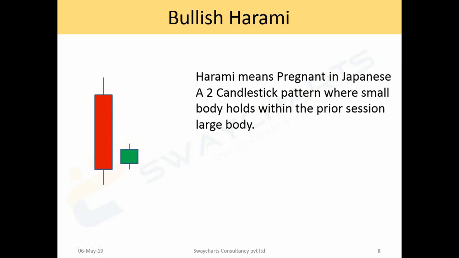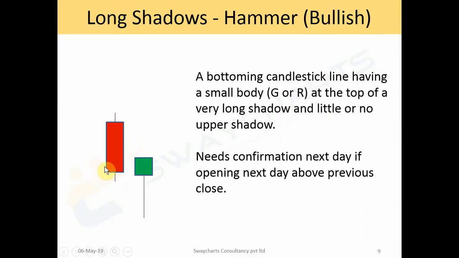The only difference between the bearish harami and bullish harami is the previous candle, is it green or red? The previous is this and not this, right? This is the current candle, this is the previous candle. So if this is red, it is a bullish harami, and if it is green, it is a bearish harami, right? Then moving on to the hammer.